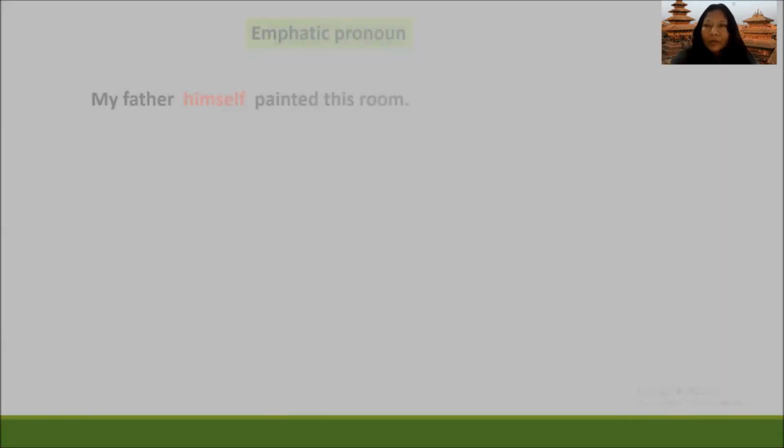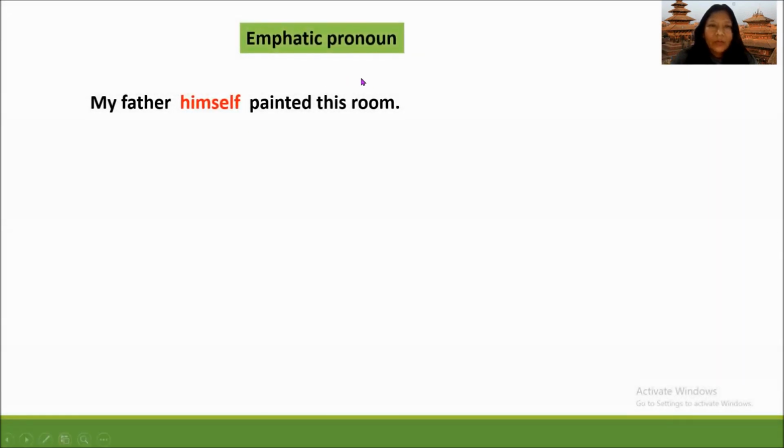I'm going to add one more pronoun, that is emphatic pronoun. Emphatic pronoun is the same as reflexive pronouns in the sense that in emphatic pronoun also we use myself, herself, yourself, himself, themselves, ourselves, itself, etc. But here emphatic pronoun is used to emphasize a noun phrase, and here the self form is stressed.